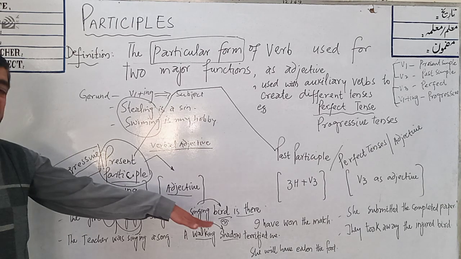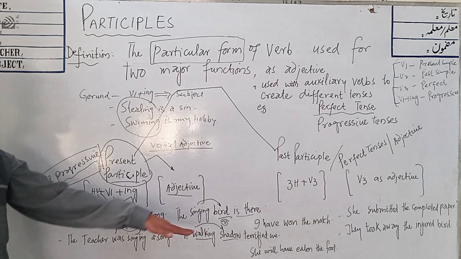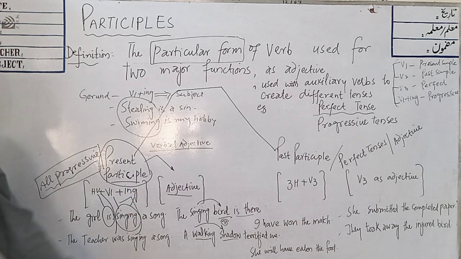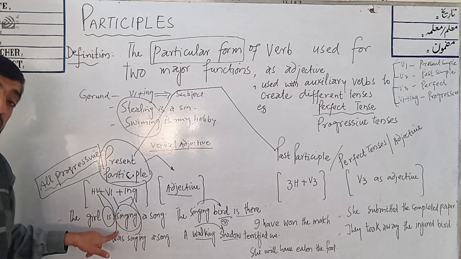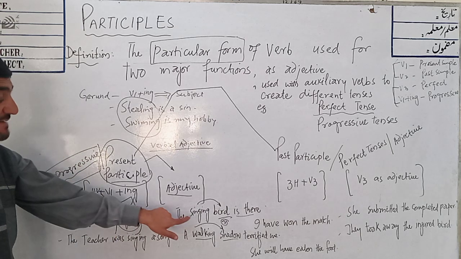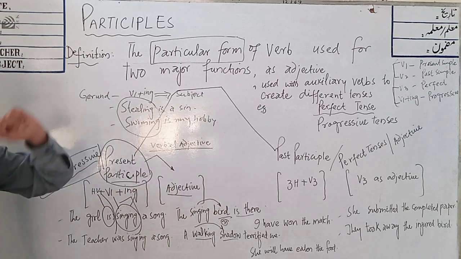When it qualifies a noun, it is known as adjective. When it is used after a helping verb, it is known as progressive or present participle. Why are they called present participle? Because they can play three roles. It can play the role of progressive, continuous. It can play the role of adjective. It can play the role of gerund.